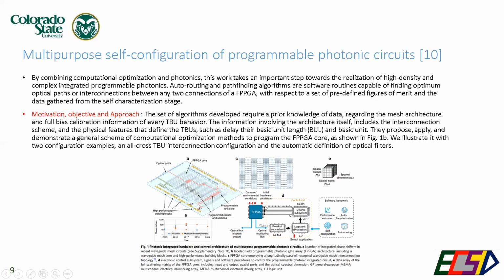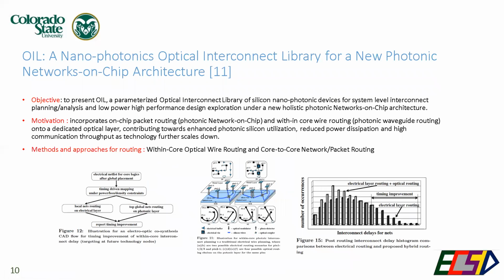By having this kind of chart, we can have automated self-configuration of programmable photonic interconnects depending on the application that we have, for FPGAs, which stands for field programmable photonic gate arrays.